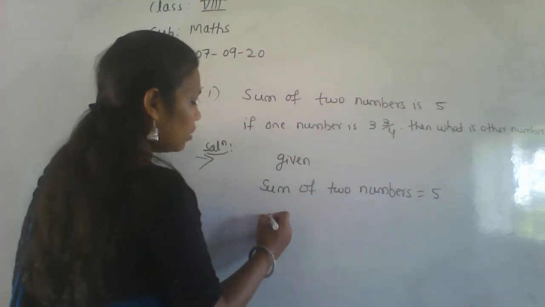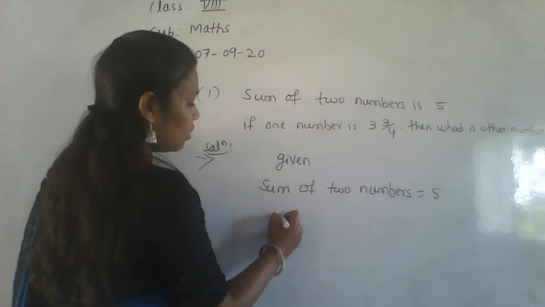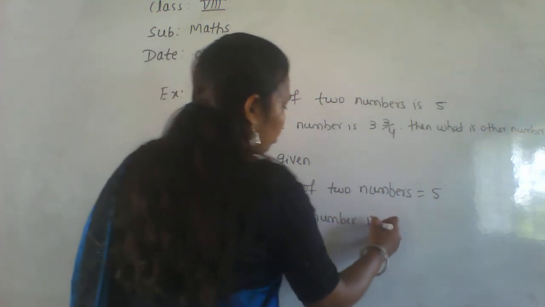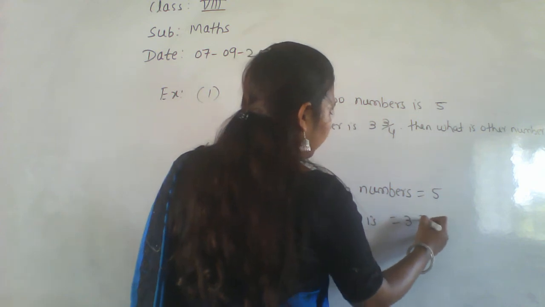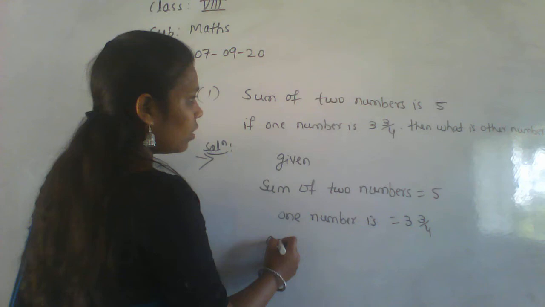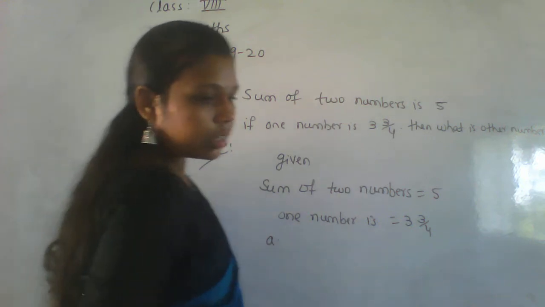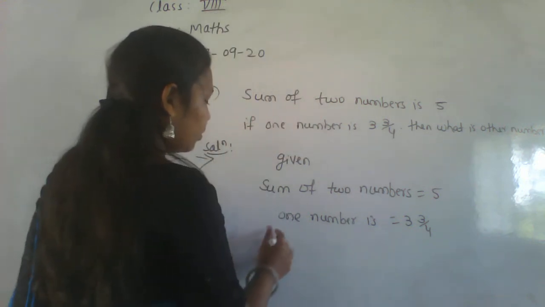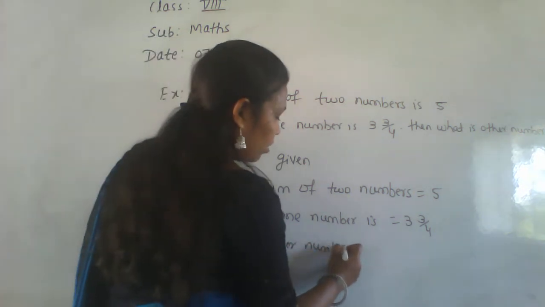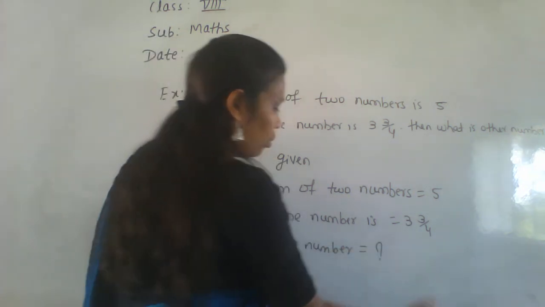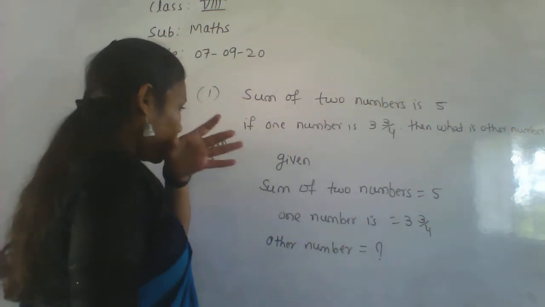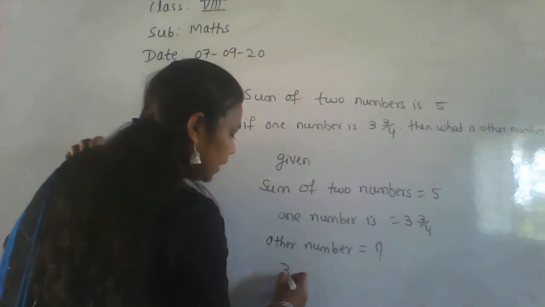What is the one number? One number is 3 integer 3 by 4. We have to find the other number, right? The other number we don't know.